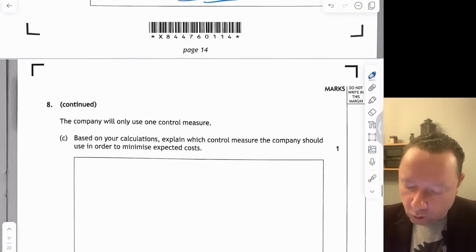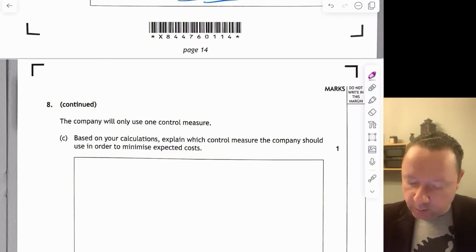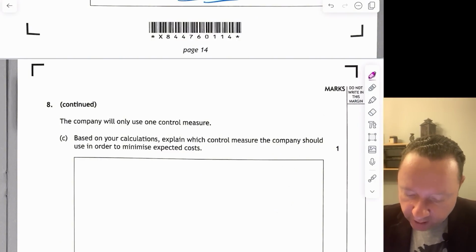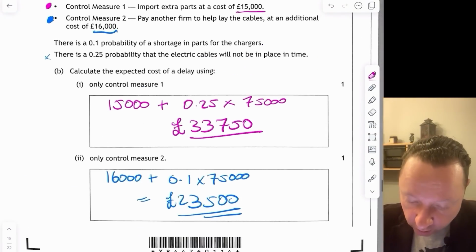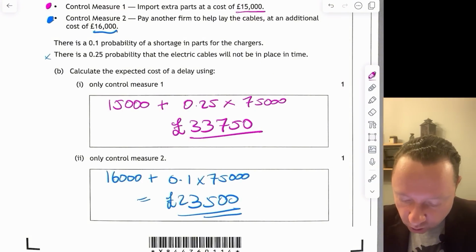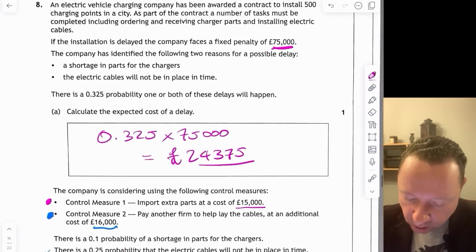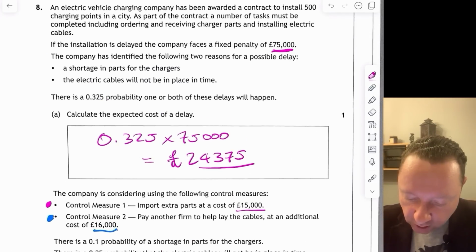The company will only use one control measure based on the calculations, explaining which they should use to minimise expected costs. So we've already worked out the expected cost with control measure 1, it's 33,750, and control measure 2, it's 23,500. Without any control measures, it's 24,375.